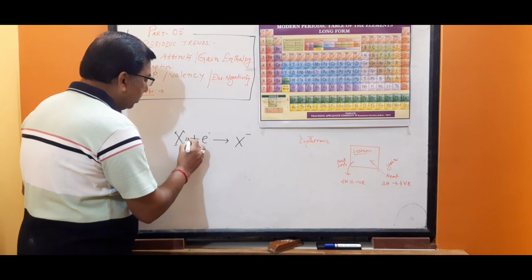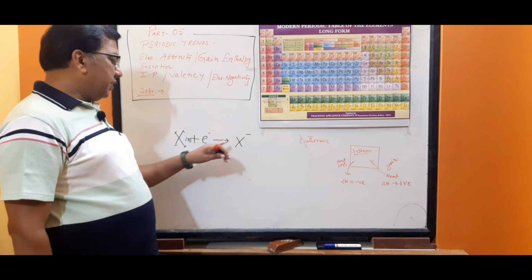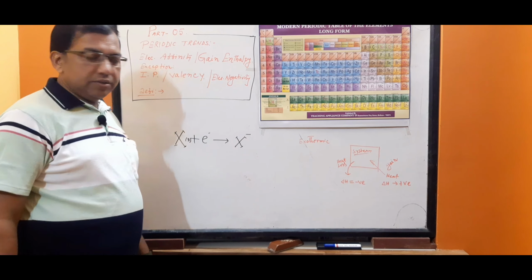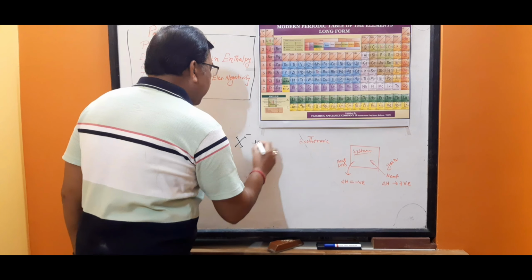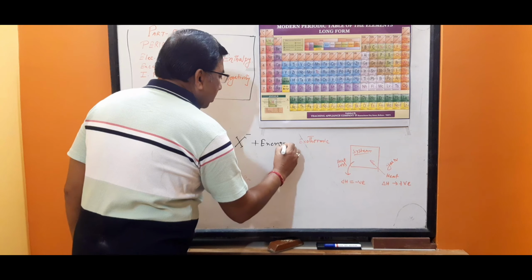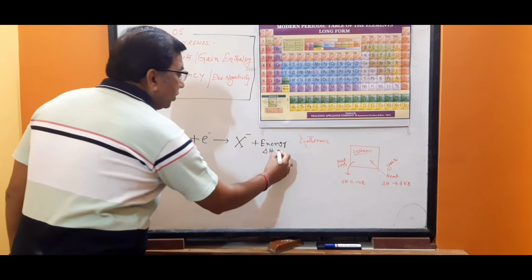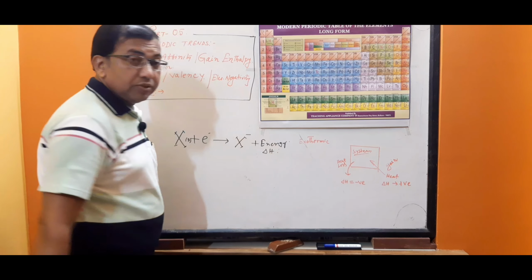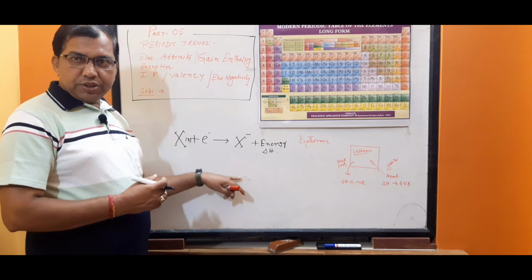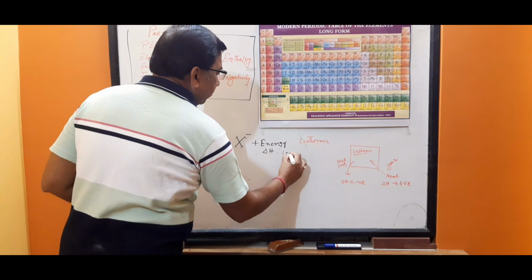This is a gaseous atom; it gains an electron, that is, an electron is added, and it becomes a gaseous anion, and energy is also released. Clear? So delta H will be positive or negative? Energy released, so delta H will be negative.